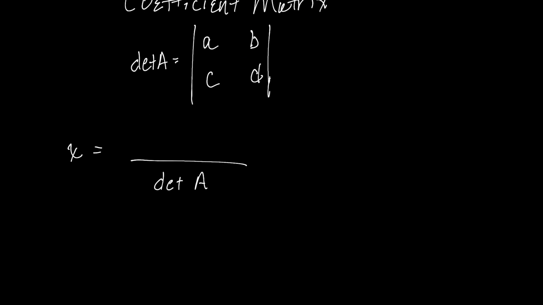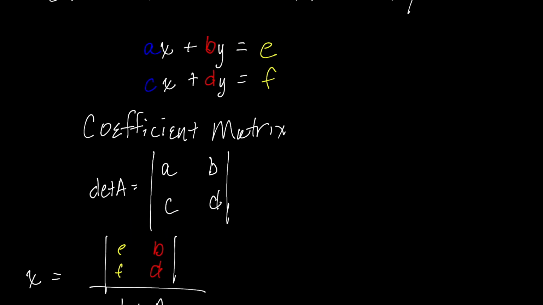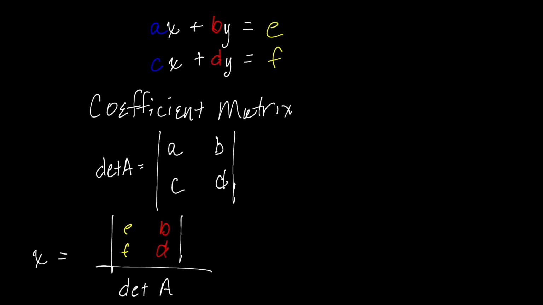So let's do that. So E, F goes here, and over on the other side to the right, we're going to put the B and the D, the y coefficients. And then we're going to take the determinant of that.